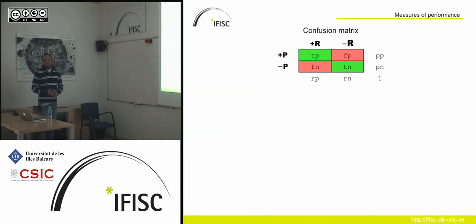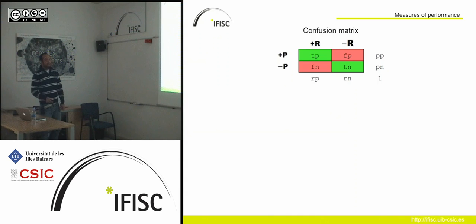Now let me introduce the confusion matrix. I hope you don't get very confused by this. Sometimes I do. The confusion matrix is the following. We have 2 classes, let's say normal and pathological. In the columns, we have the real cases. So if I have a heartbeat that I already know is pathological, this is considered real.